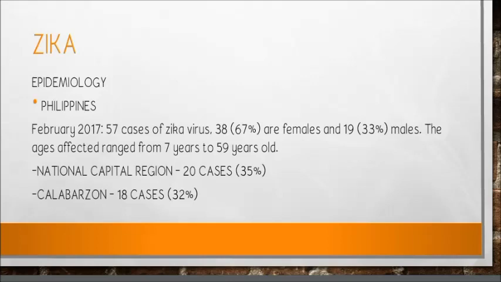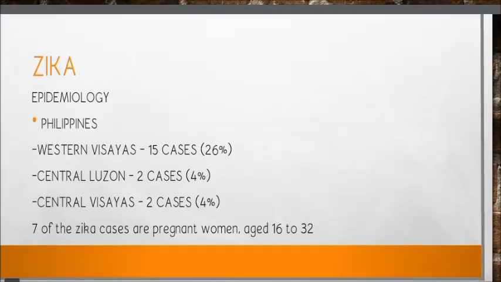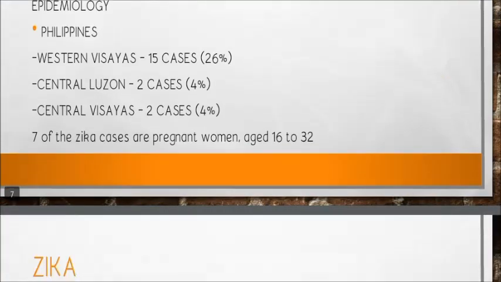In the National Capital Region, there are 20 cases, Calabarzon 18 cases, Western Visayas 15 cases, Central Luzon 2 cases, and Central Visayas 2 cases. And 7 out of 57 are pregnant women, aged 16 to 32.